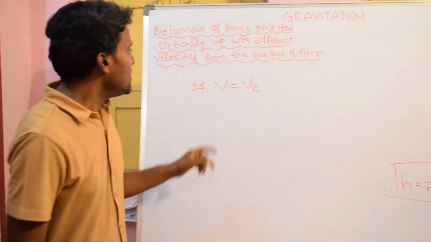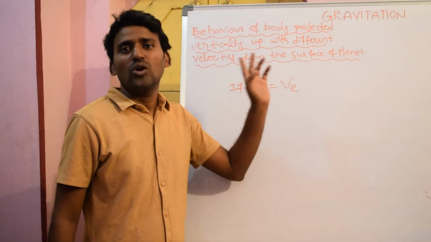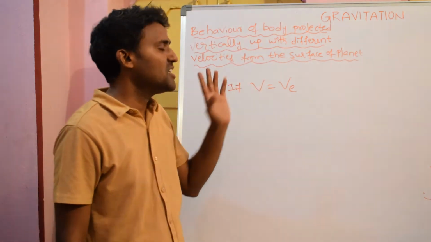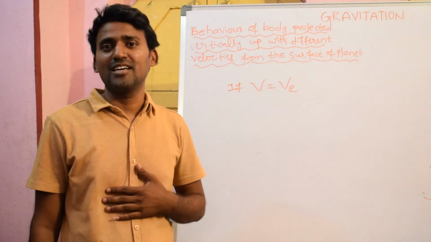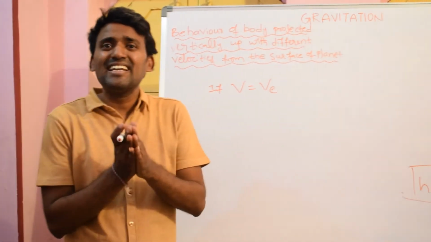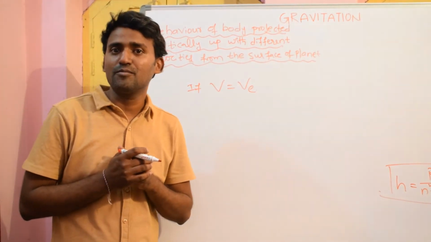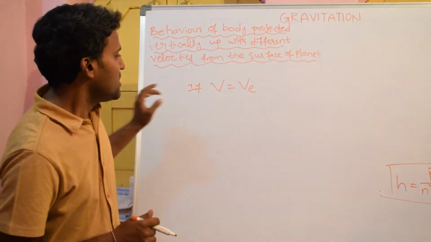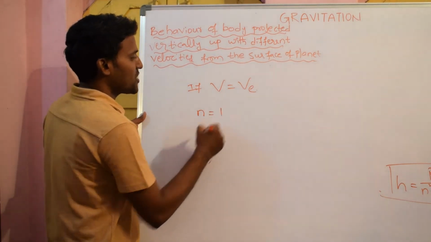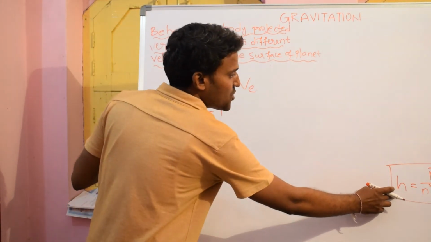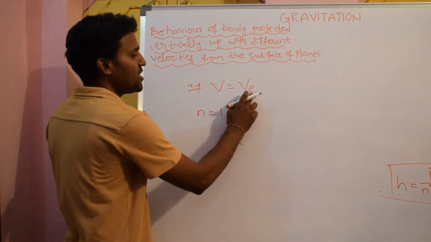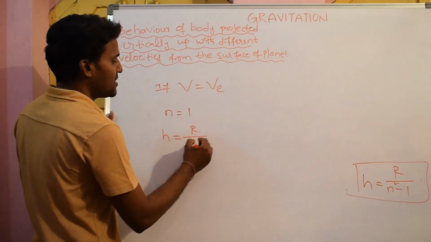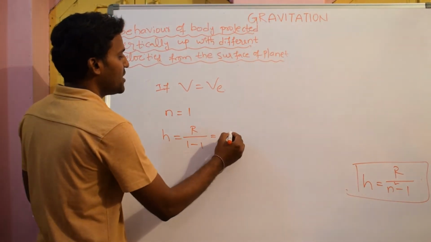Now the second case: if the velocity is equal to escape velocity, when an object is projected with a velocity v equal to escape velocity, at that moment the object can escape from the gravitational field, which means n is equal to 1. So h is equal to r divided by 1 minus 1, that is equal to infinity.